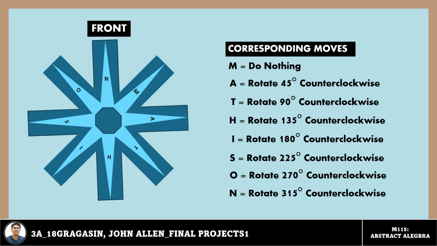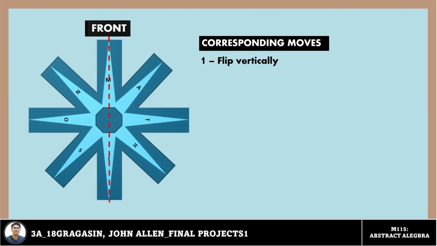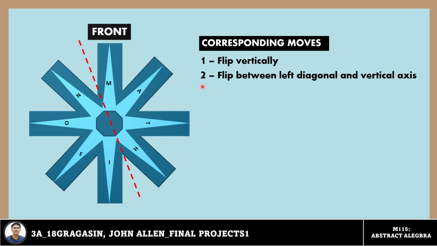Now we move to the lines of symmetry. For element 1, we will do flip vertically. And the move goes like this. And for our element 2, we will be needing to flip between left diagonal and vertical axis. And the move goes like this.